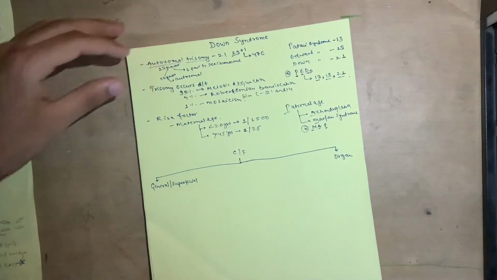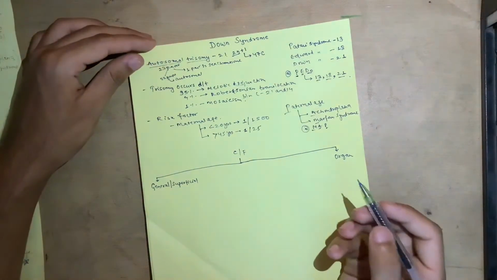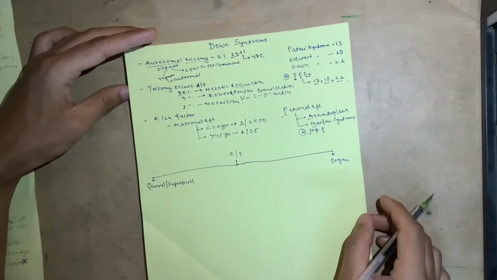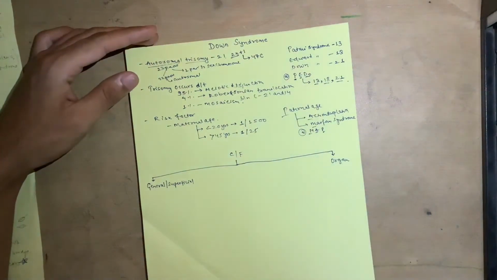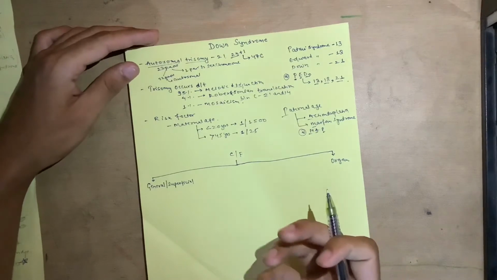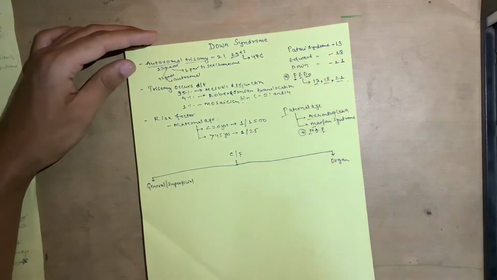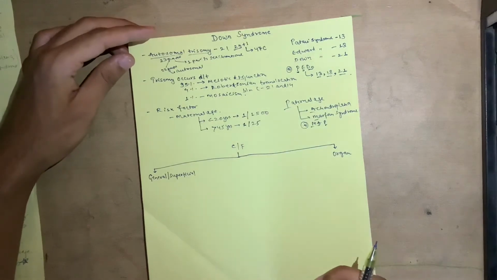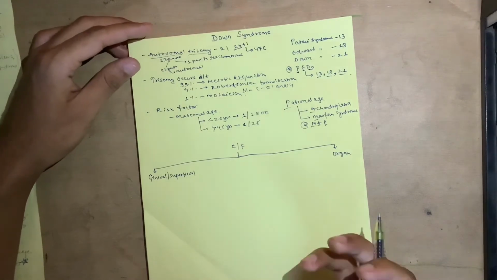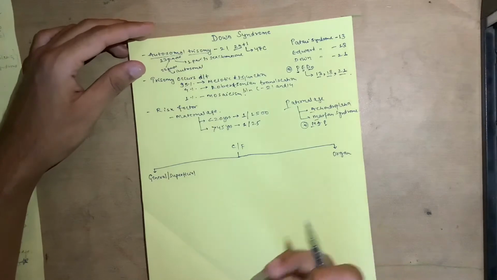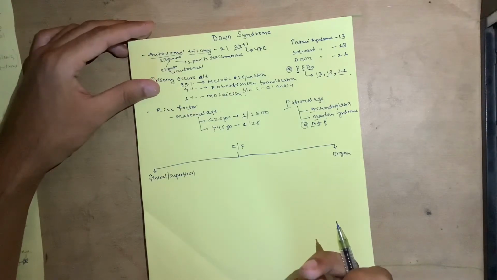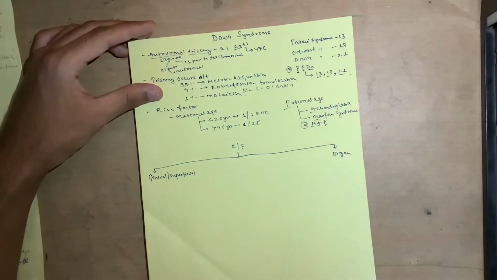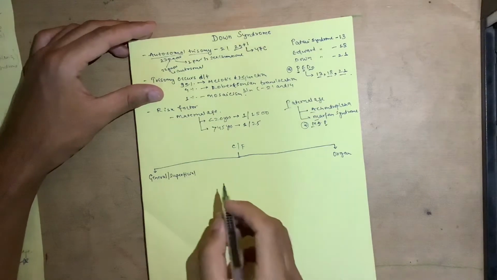So when you get a child with Down syndrome, there are certain features indicating that the child has Down syndrome. When we are at the bedside and we get a child, we see certain features that point us toward whether the child has Down syndrome or not.